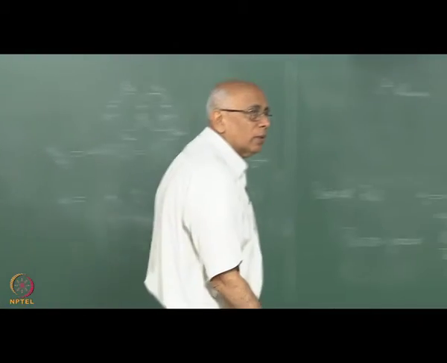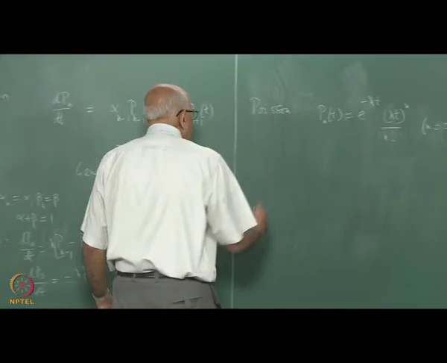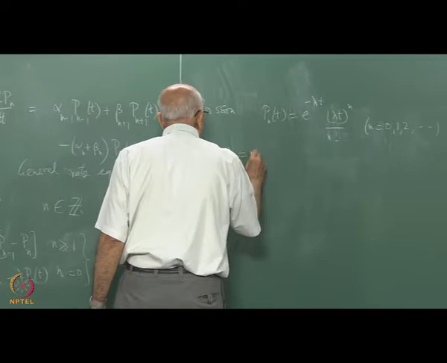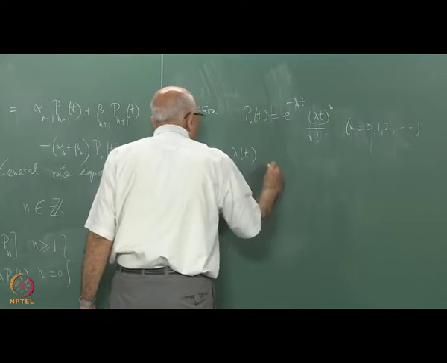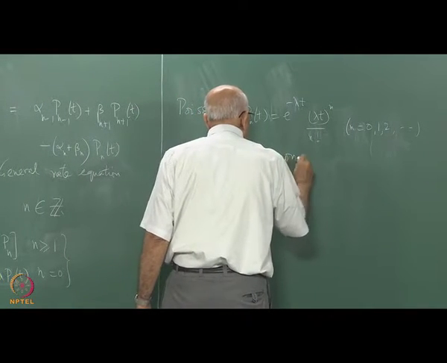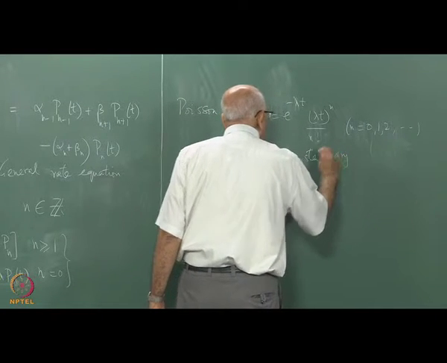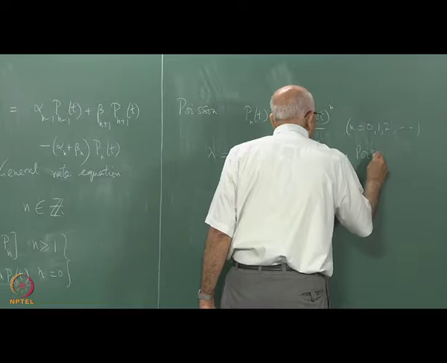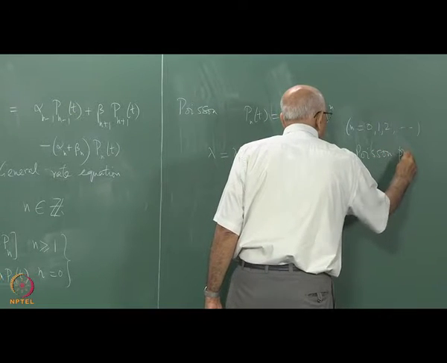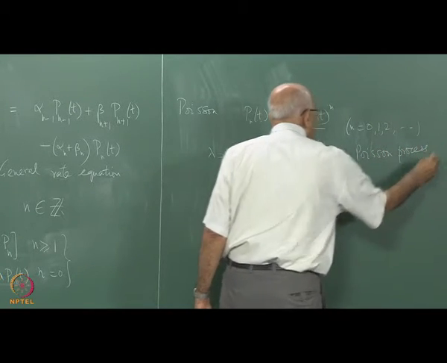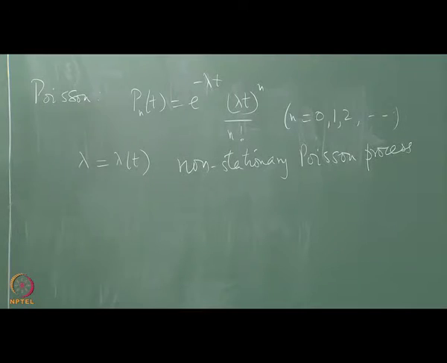Suppose it turns out that for some reason lambda equals lambda of t, and you have a non-stationary but Poisson process. What would have happened to the solution?